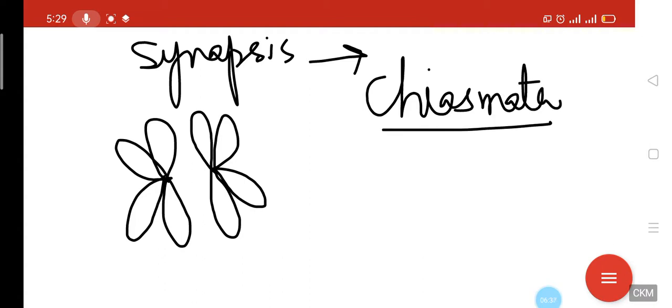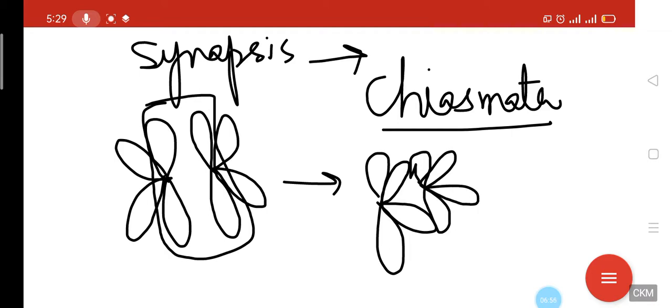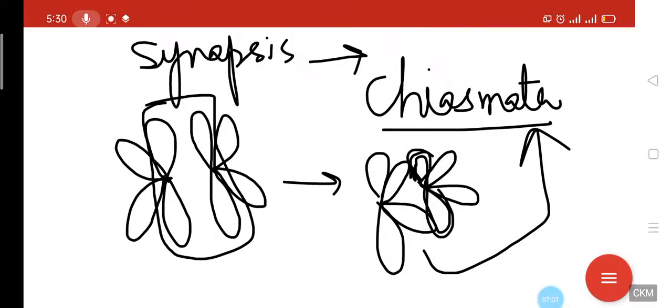In the chiasmata, the non-sister chromatids join with each other at some specific points. Let's suppose this is a chromosome and this is another chromosome, and their chromatids join with each other at some specific points. This is known as chiasmata.